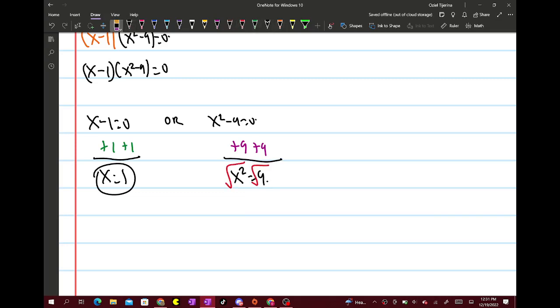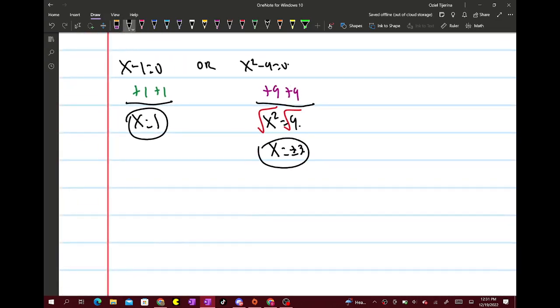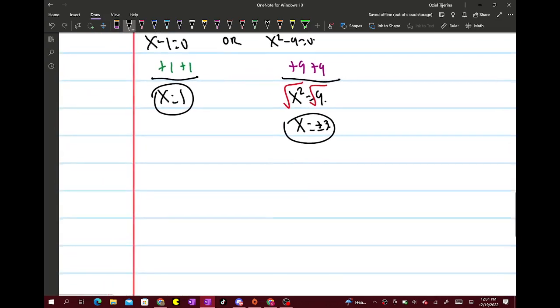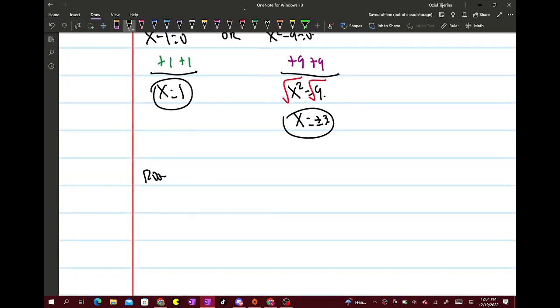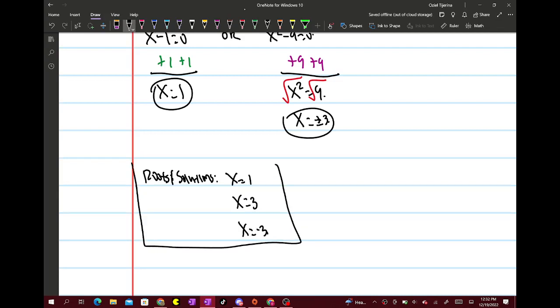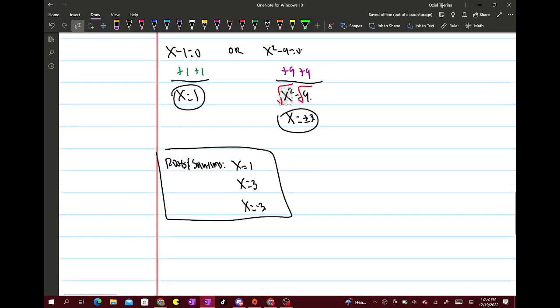When we take a square root, we have to do the positive and negative, so the square root of 9 is plus or minus 3. So your roots, or your solutions, are x equals 1, x equals 3, and x equals negative 3. So that is how you do this problem.